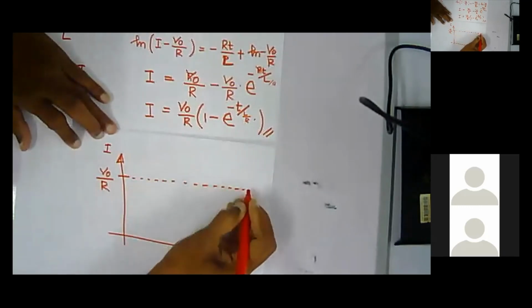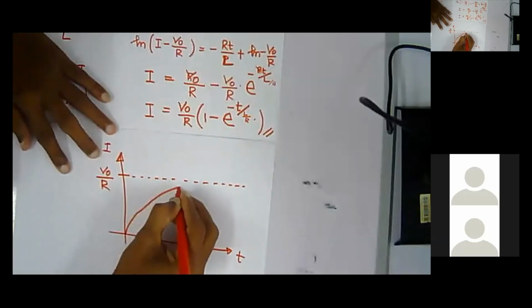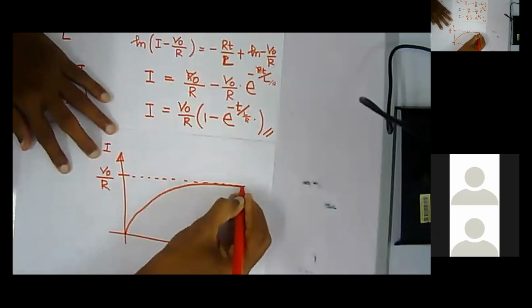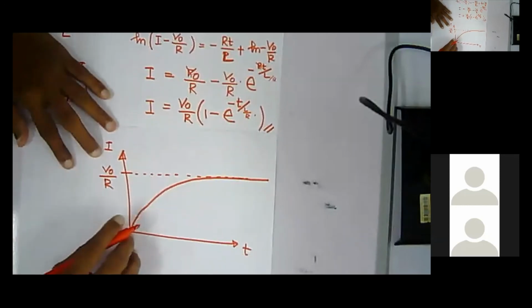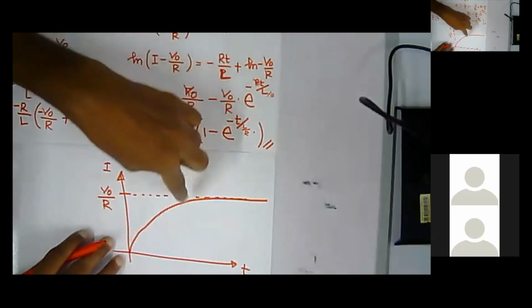So at initial, the current will be 0 and it will be increasing exponentially, and then will be getting stable at V naught over R, right? Because when T becomes infinity, e to the power minus infinity is 0, right? Any value to the power minus infinity becomes 0. So 1 minus 0 means 1 into V by R.